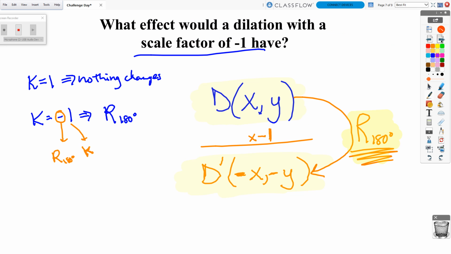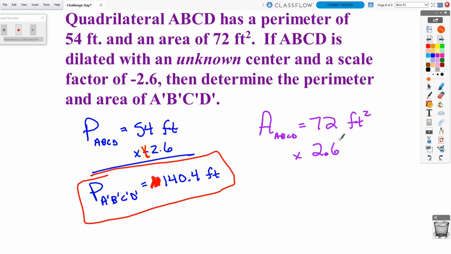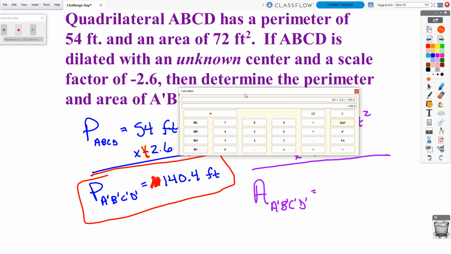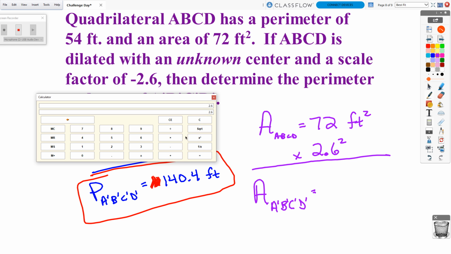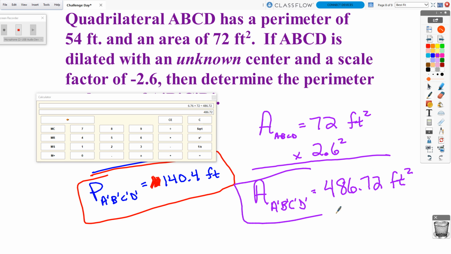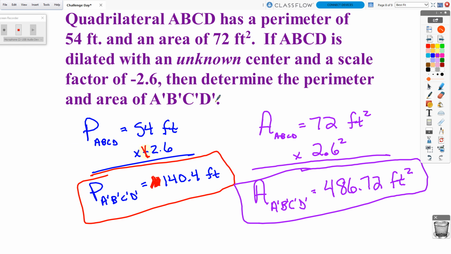So I don't multiply just by 2.6. I multiply by 2.6 squared. So now the new area of A prime, B prime, C prime, D prime. All right, calculator. Need your help one last time here. So 2.6, first I'm going to figure out what that is squared. All right, so 2.6 squared is 6.76. So 6.76 times our old area of 72 gives us a new area of 486.72 feet squared. And there's your final answer.